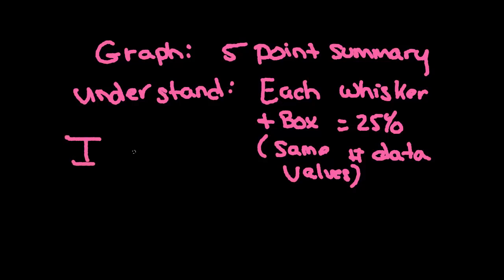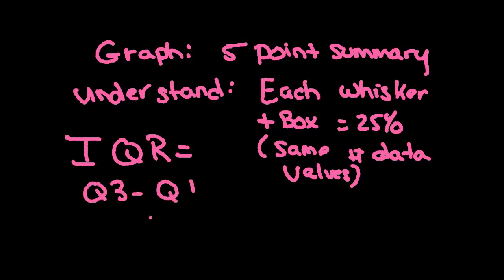And then finally, calculating the IQR, the interquartile range, which is calculated by the range of the box. This high number here, Q3, minus the small number here. And we do not take the whiskers into consideration. We just look at the range of the box itself.